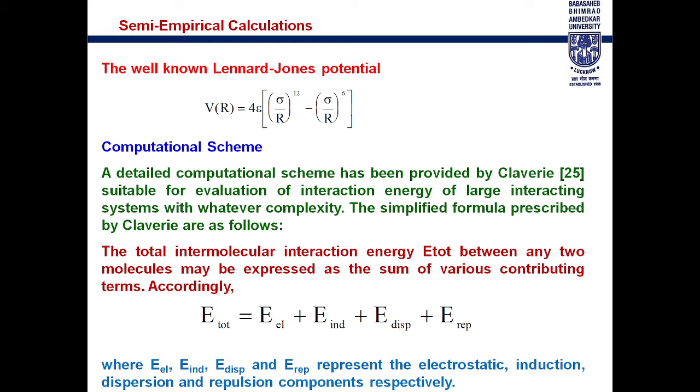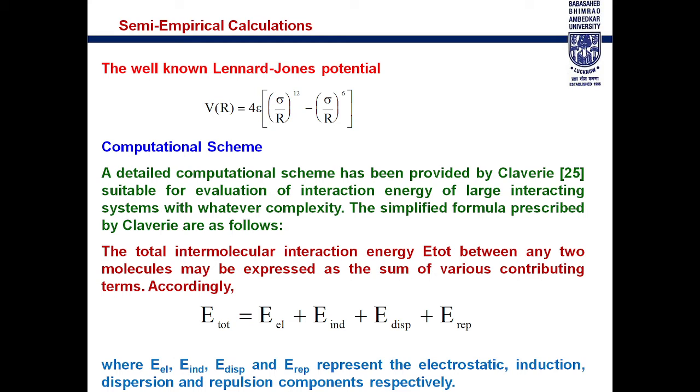The computational scheme for intermolecular interaction, a detailed computation, has been provided by Claverie, suitable for evaluation of interaction energy of large interacting systems with whatever complexity. The simplified formula described by Kitaigorodsky is as follows.